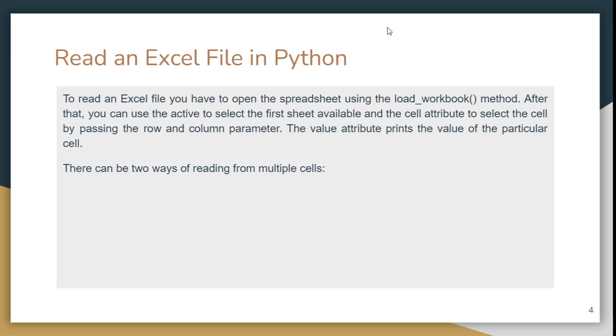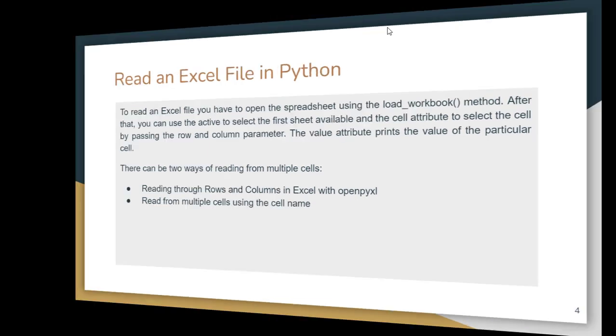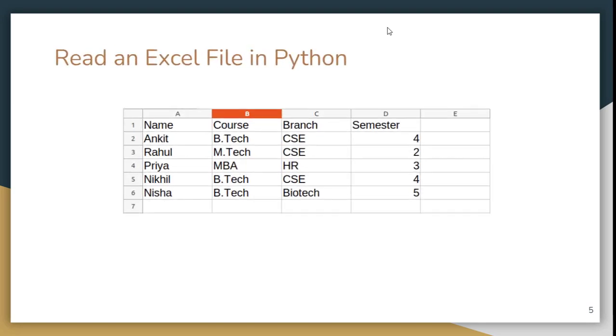There can be two ways for reading from multiple cells. One is reading through rows and columns in Excel with OpenPyXL, that is the module. The other is reading from multiple cells using cell name. How to read an Excel file in Python?